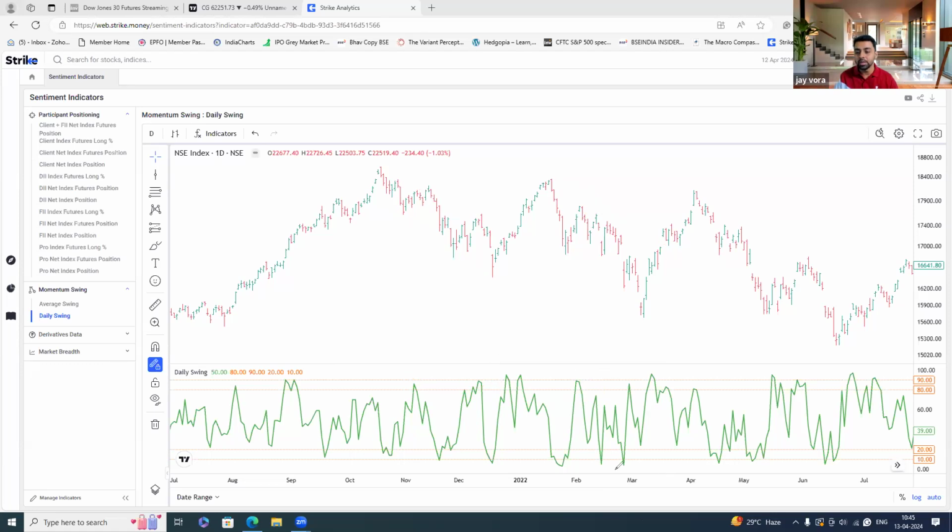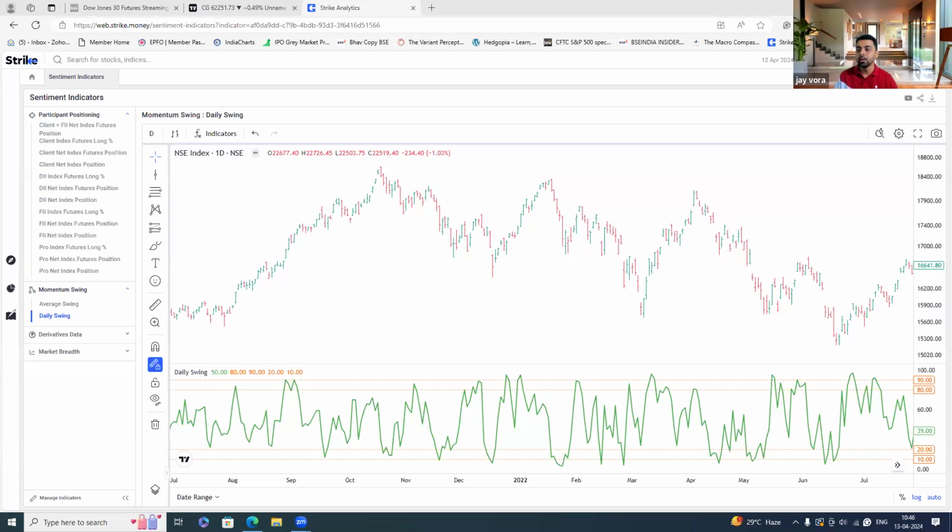And on the downside, in fact, you may end up seeing divergence forming like you see over here. I mean, over here there was a bottom, then there were a few days of sideways consolidation which led to the daily swing inching higher. But again, when it went down, it eventually formed a positive divergence and only then bottomed out, right? So this is how you have to understand.